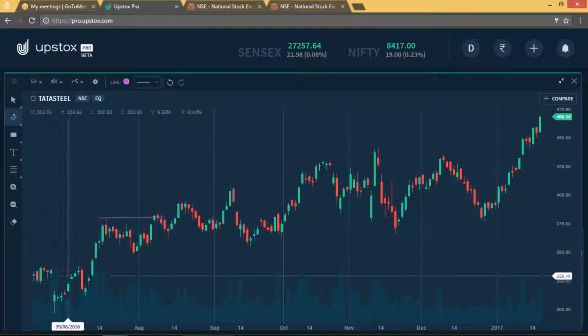Okay, what about this one? Is that setup correct or wrong? Do we make profit or do we make loss?